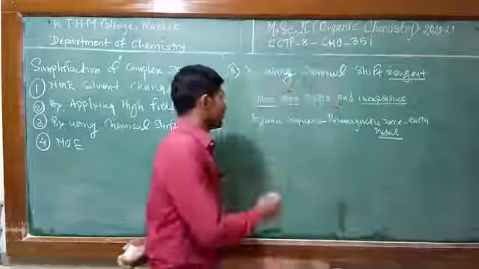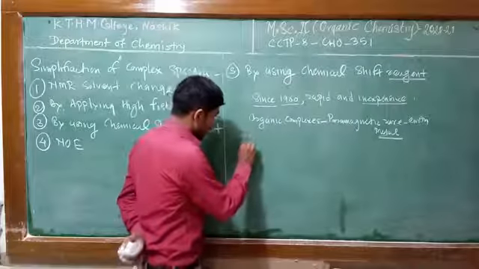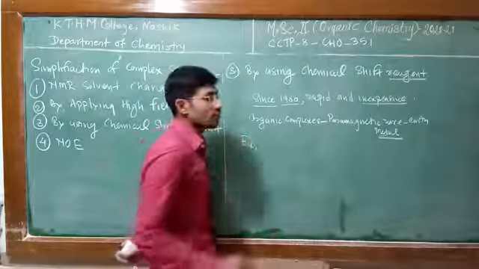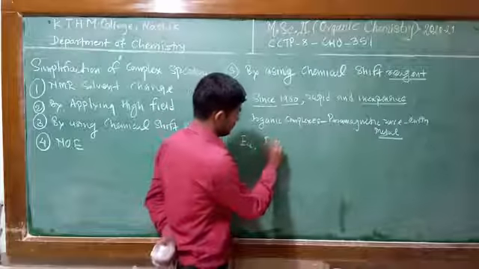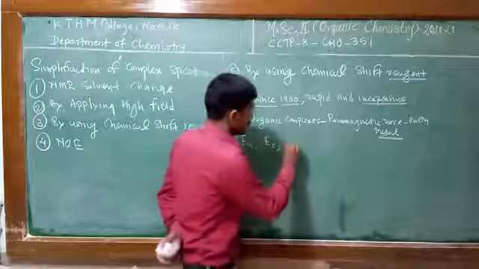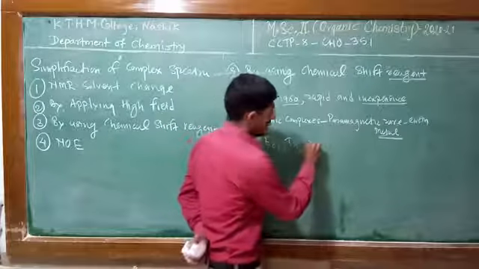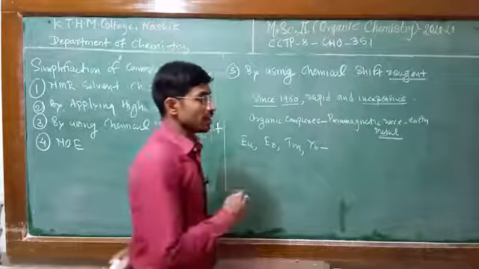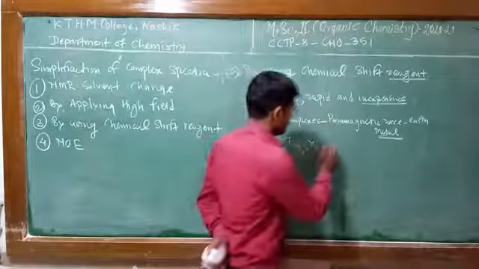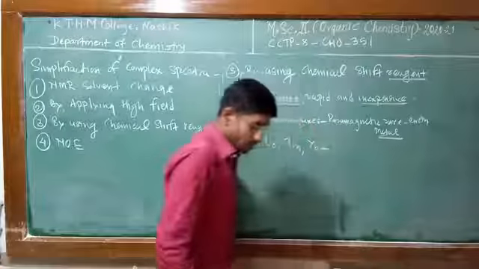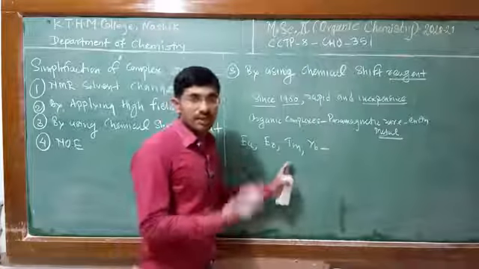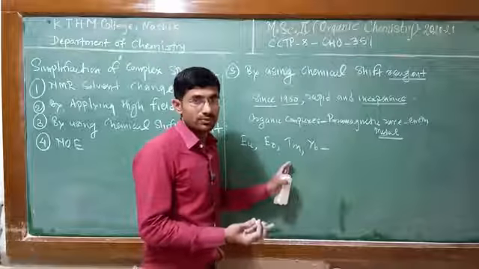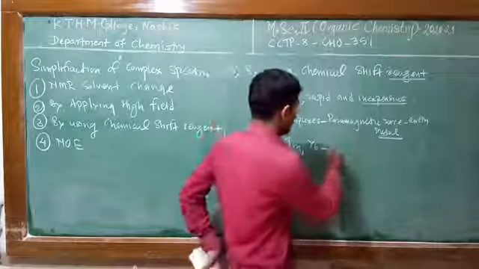If you use metals like europium, erbium, thulium, then ytterbium, they shift the chemical shift value to lower field.